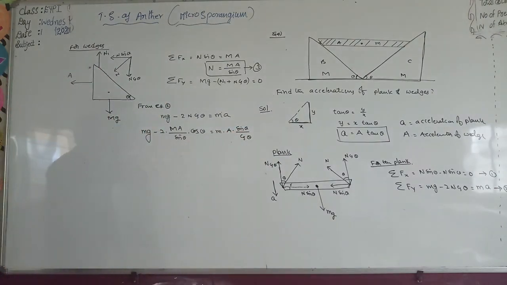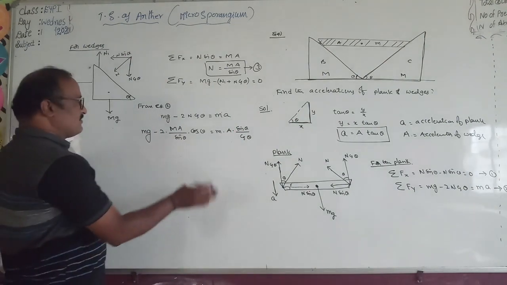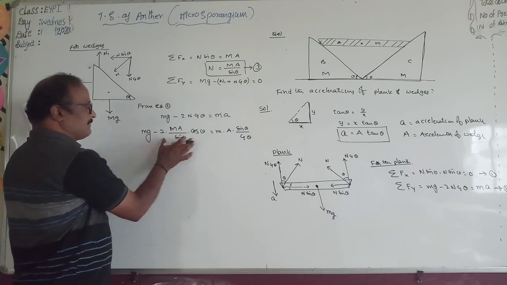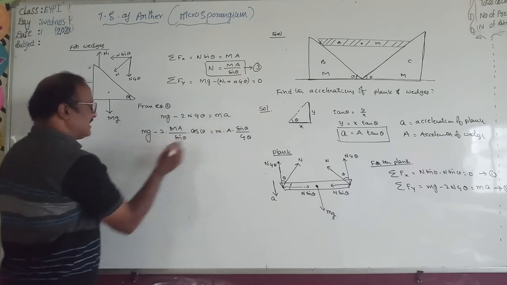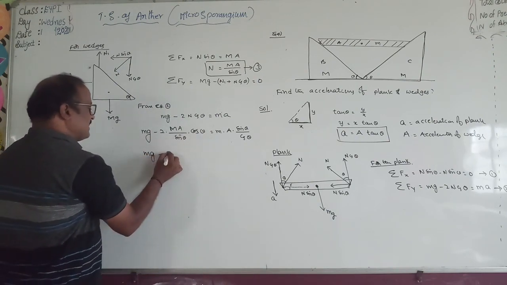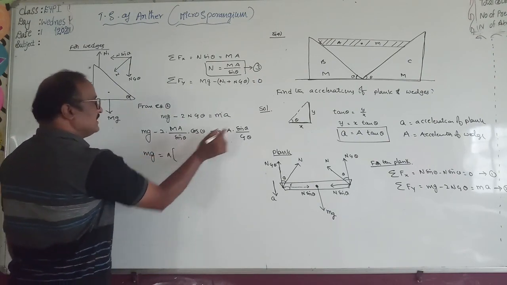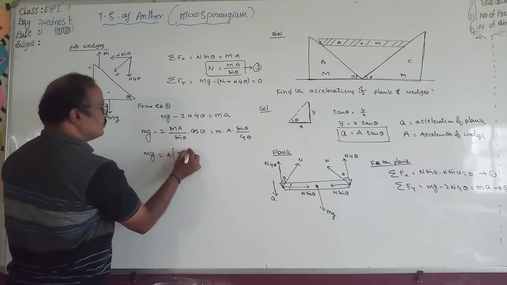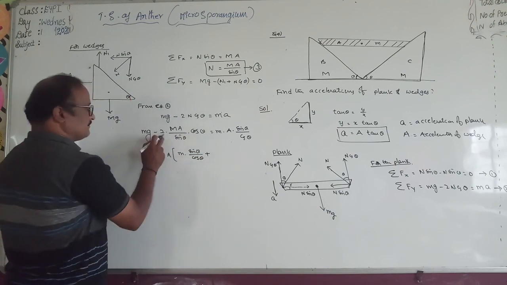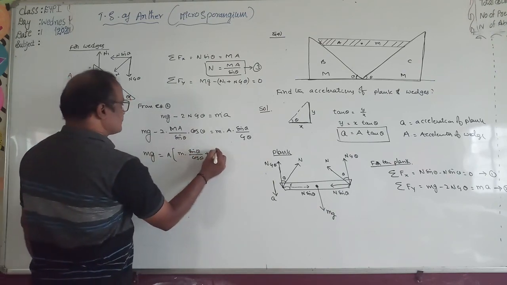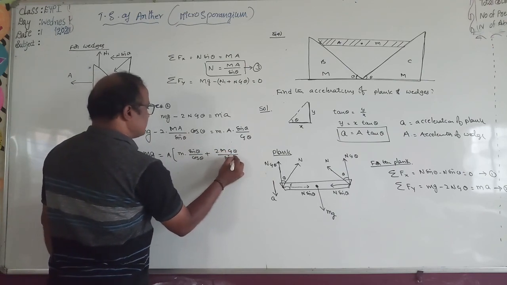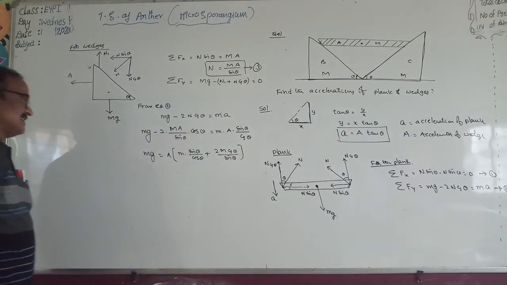Tan theta is equal to sin theta by cos theta. But we have only the value of capital A alone. Let us calculate capital A. The capital A term can be moved to this side. That's why mg is equal to capital A common, taking out, into m sin theta by cos theta plus 2M cos theta by sin theta.